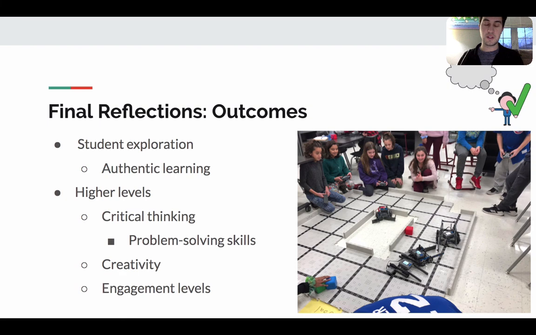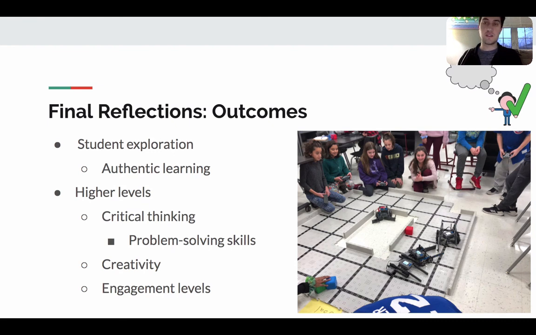Engagement levels were way higher than I expected. And again, students got to think critically and problem solve, because in Robot 2, there were no instructions, no guidelines. They had to work as a team to first design a bot on paper or make a list, which was one of their exit slips, and then take something two-dimensional or abstract in their head and create it three-dimensionally as a team.